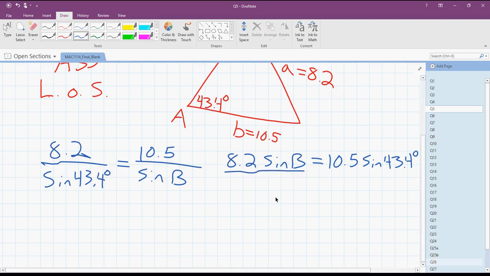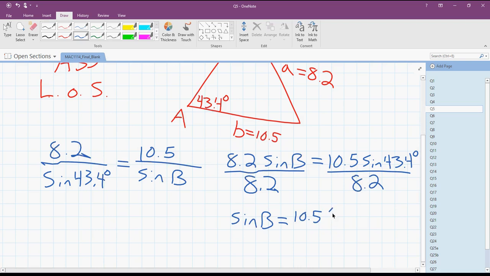And now what are we going to do? Divide by 8.2. So instead of dividing by a sine like what we did earlier, now we just got to actually divide by the number. And in the end, this is what sine B will equal: the 10.5 times the sine 43.4 degrees divided by the 8.2. And we'll get to that number here in a moment. But how do I figure out what B is going to be? What do we have to do? You got to do the inverse.